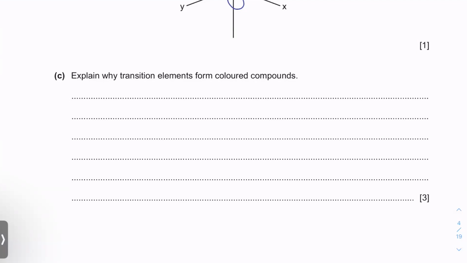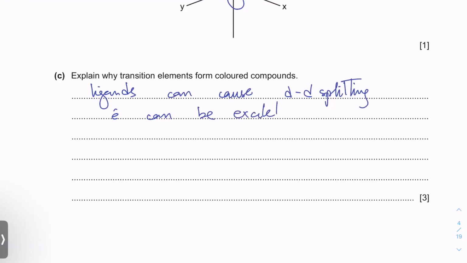So we'll say that ligands can cause d splitting. ठीक है. Or electrons can be excited by absorbing specific frequency corresponding to energy gap.